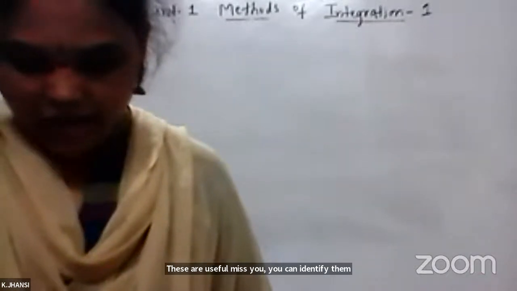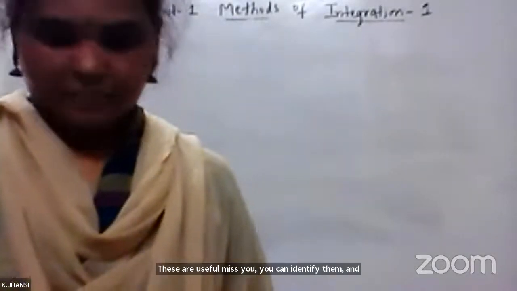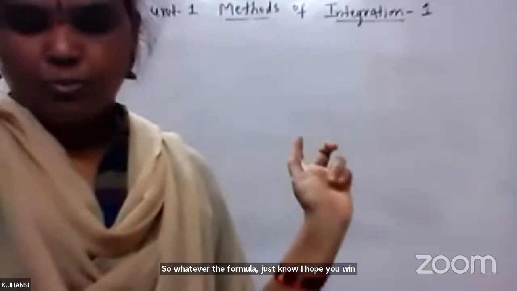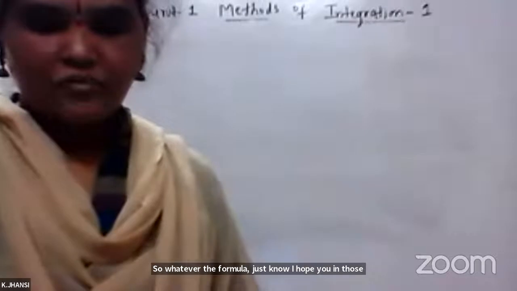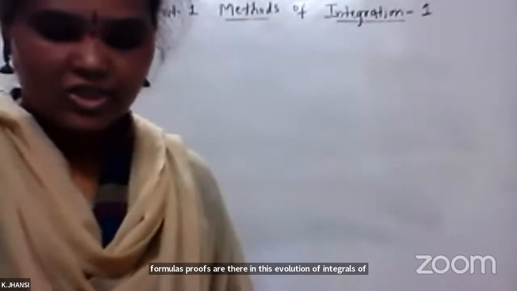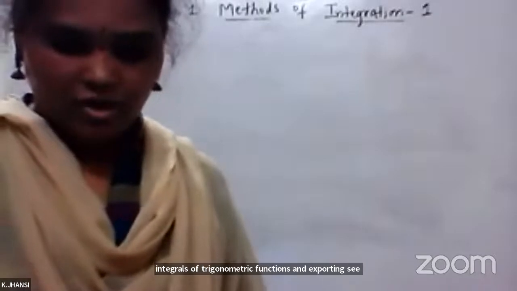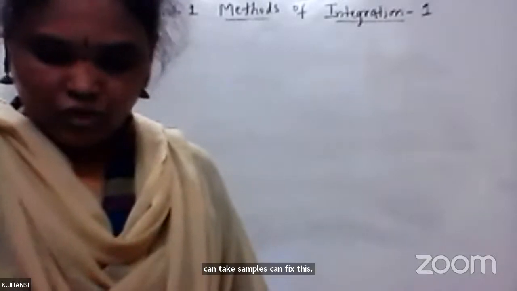And after that, page number 10. So whatever formulas I have just now given, the proofs of those formulas are there in this evaluation of integrals of trigonometric functions: tan x, cot x, secant x, and cosecant x. Okay. So 1, 2, 3, 4, 5.